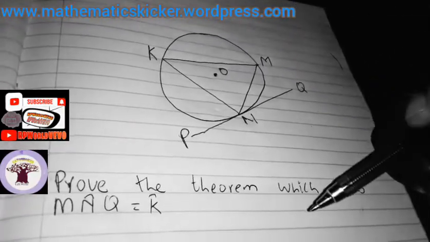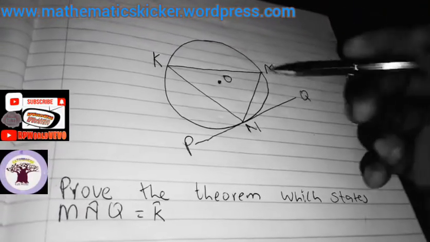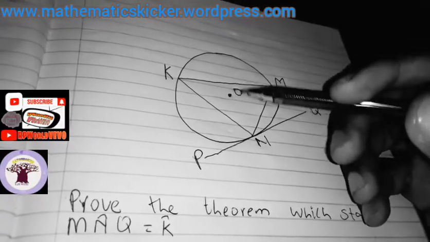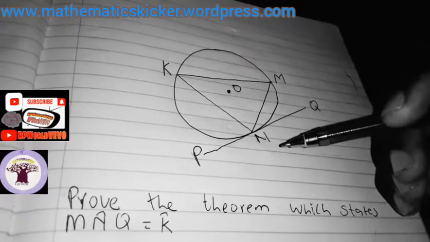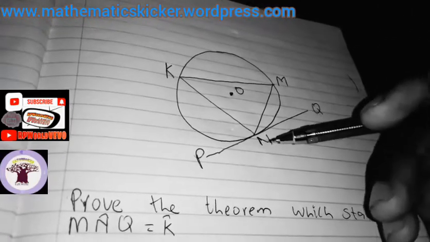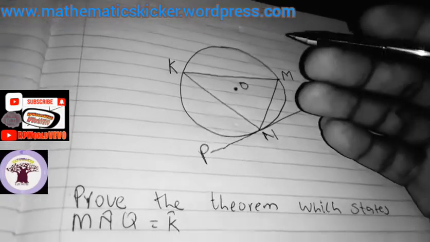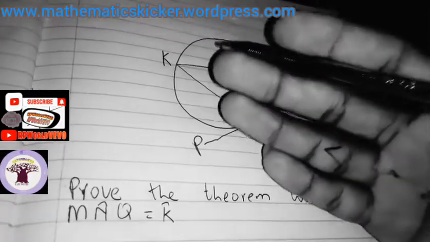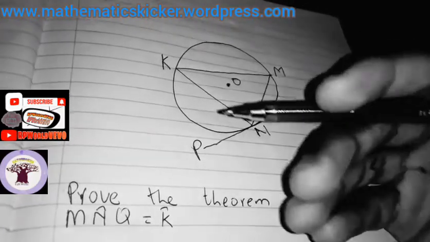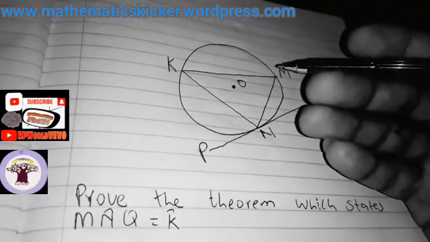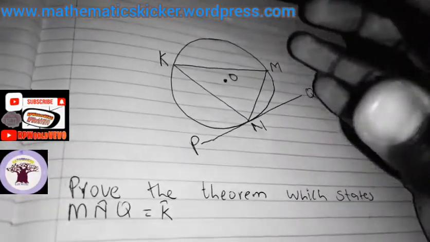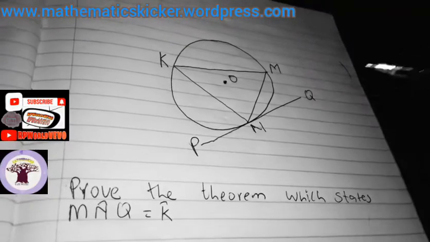For this method we use three theorems: the tan-radius theorem, which says that the tangent is perpendicular to a radius; the diameter subtends an angle of 90 degrees, or angle in a semicircle; and angles subtended by the same arc, or angles in the same segment.